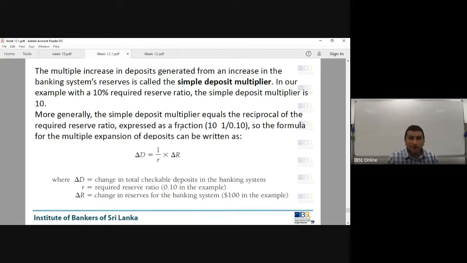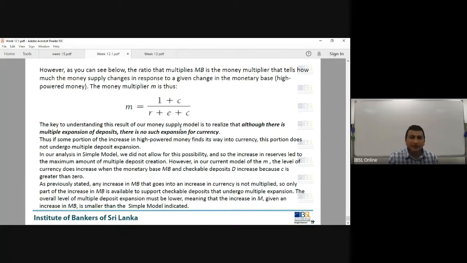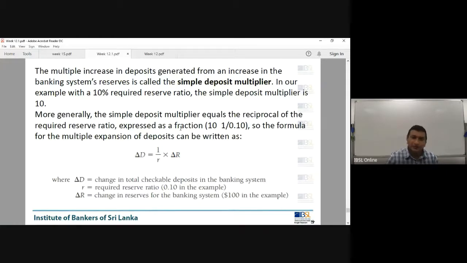This is also some explanation of the simple deposit multiplier, and then of course the money multiplier. So you can read this for your further understanding. I'm not trying to detail these two. These are very much explained in our discussion.